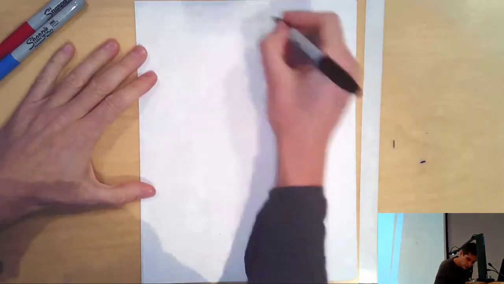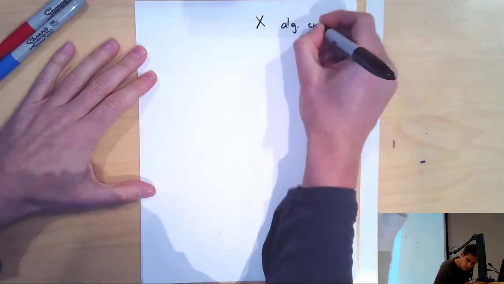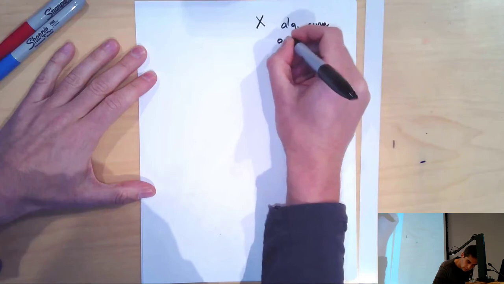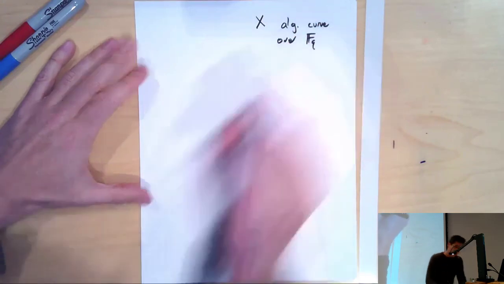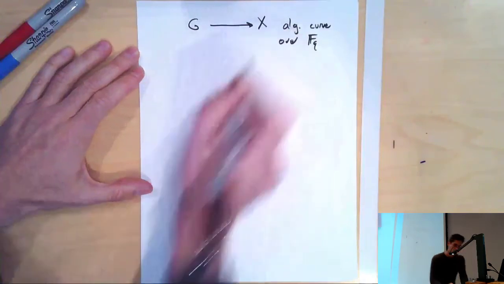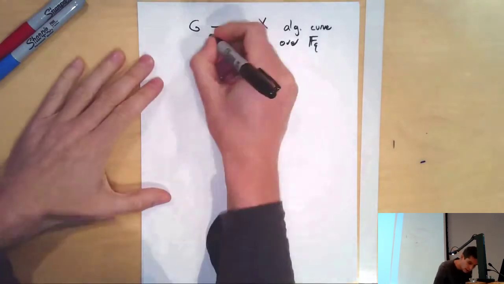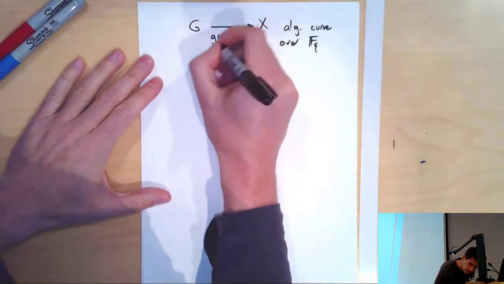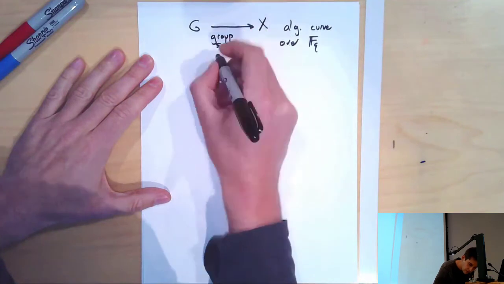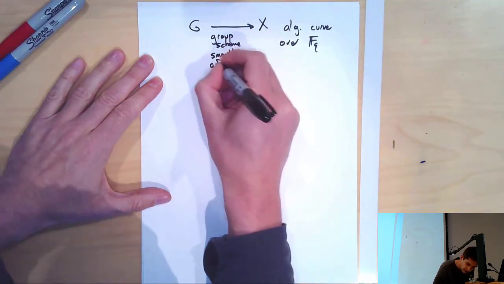So let's go back to our situation that we're really interested in, where X is an algebraic curve over F_q. Now remember that when studying Weil's conjecture, we were interested in having a group scheme over X. So G is going to be a group scheme, which I'm going to assume is smooth, affine.